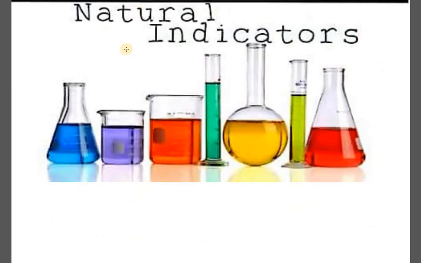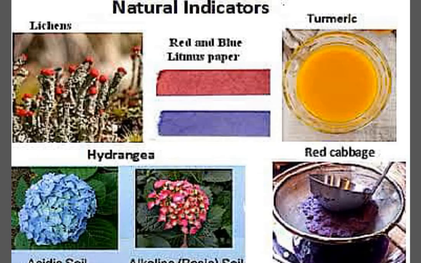Now, let us talk about the next category, the natural indicators. As you can see here, these are a few examples of natural indicators. The very first example is the red and the blue litmus paper. This paper is obtained and extracted from lichens.